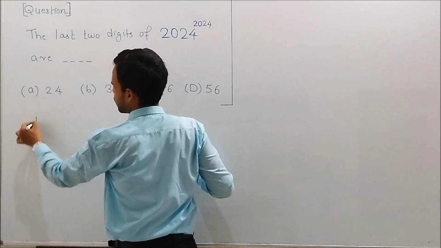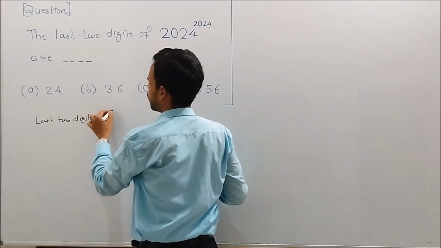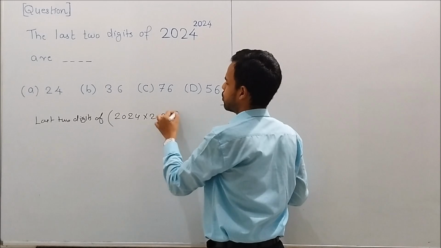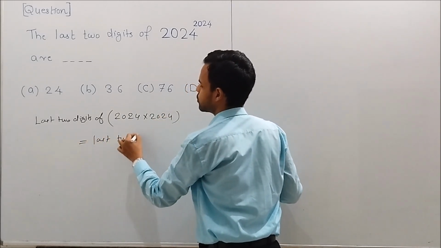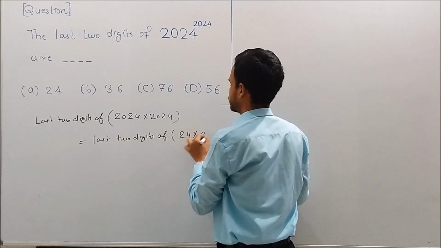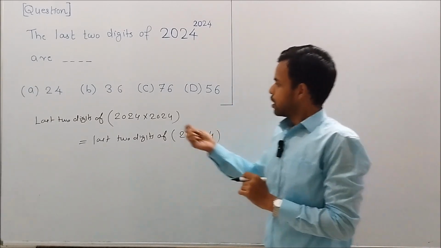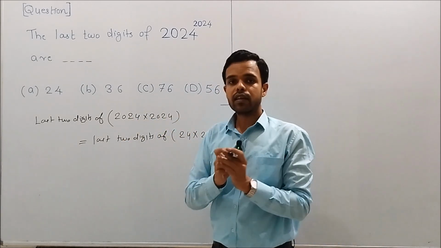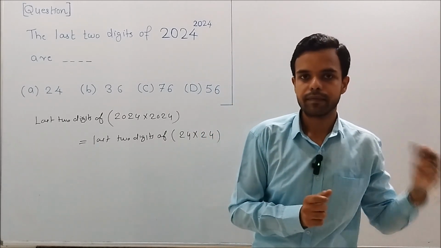We know that the last two digits of the product 2024 times 2024 are the same as the last two digits of the product 24 times 24. The trick is that the last two digits of each number being multiplied can only have an effect on the last two digits of the answer.